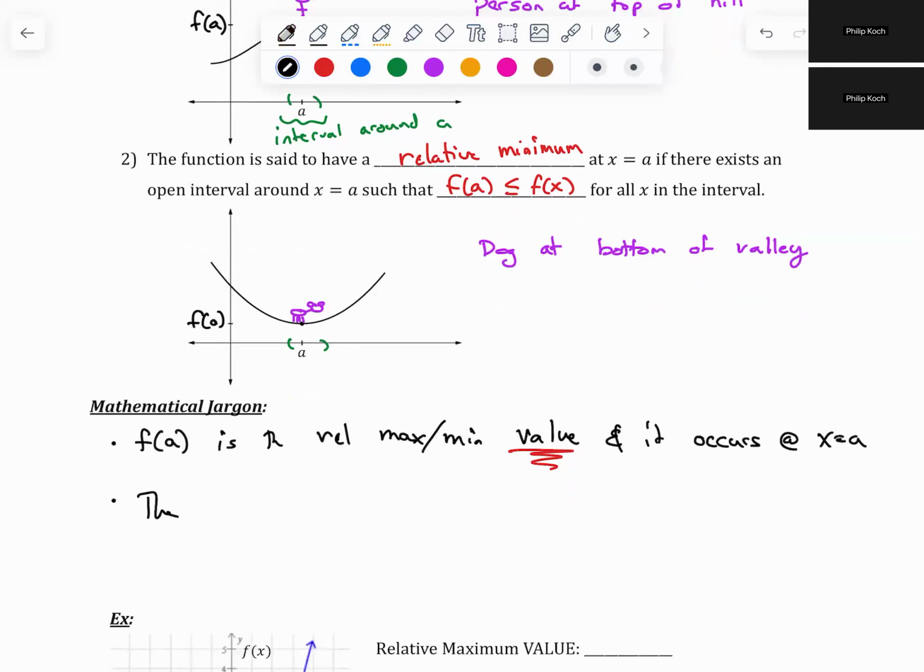The point a comma f of a is the relative max or min.